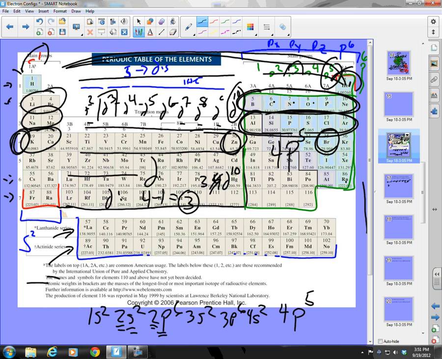Then after that, 19 and 20, 4s2. And then I go into this group, right? And this is my D group. How many Ds do I go through? I go through D10. Now, I'm in the fourth period, but remember, the D's are always one less than that. Sorry about that interruption.